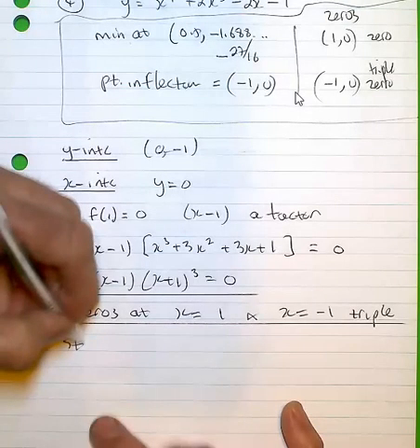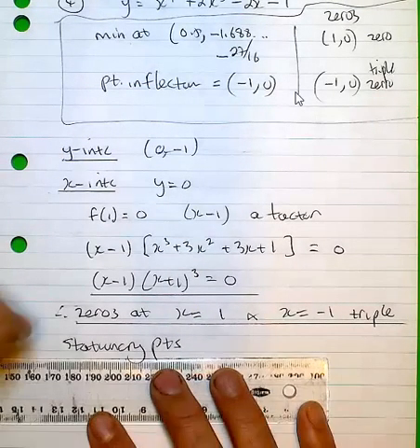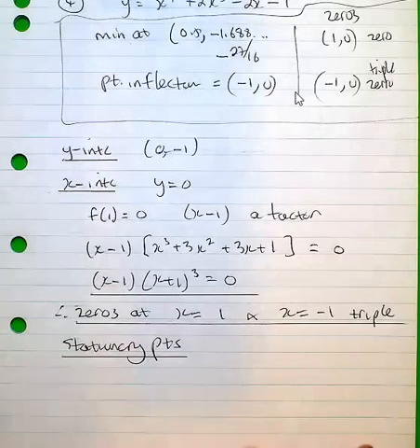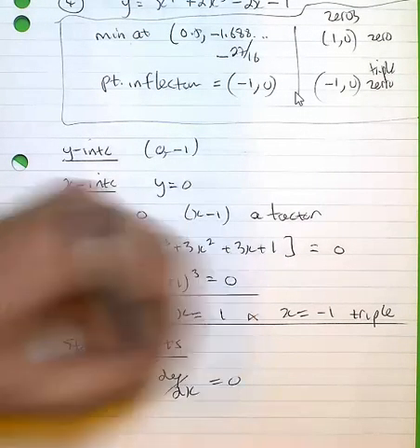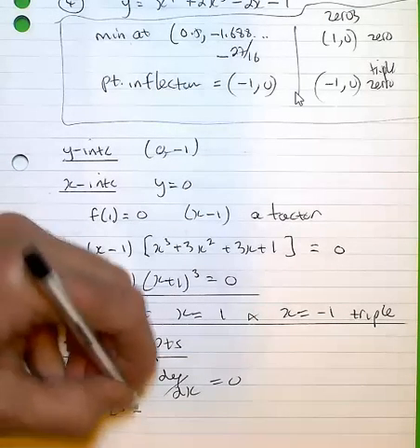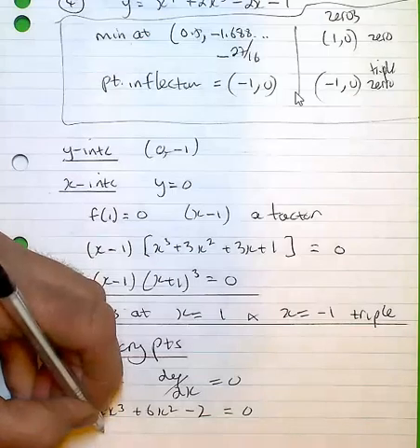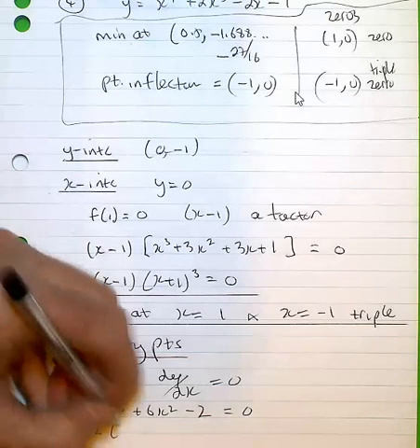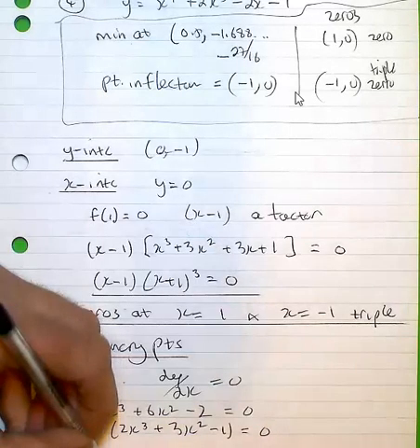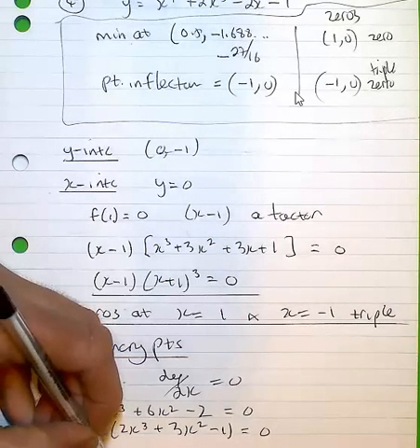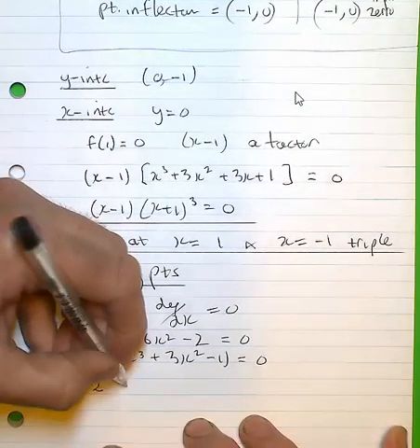Now for the stationary points. For the stationary points, I've got to take the derivative and solve for when dy over dx is equal to 0. And when I work that one through, and yes, I know x plus 1 is going to be a factor, so I'll take x plus 1 out.